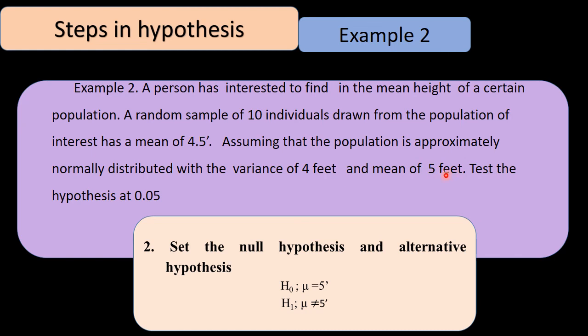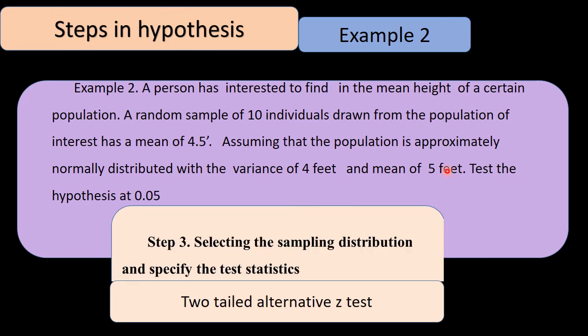What we need to do is check whether the population mean is 5 feet or not. The alternative hypothesis is that the population mean is not 5 feet, and the null hypothesis is that the population mean is equal to 5 feet.